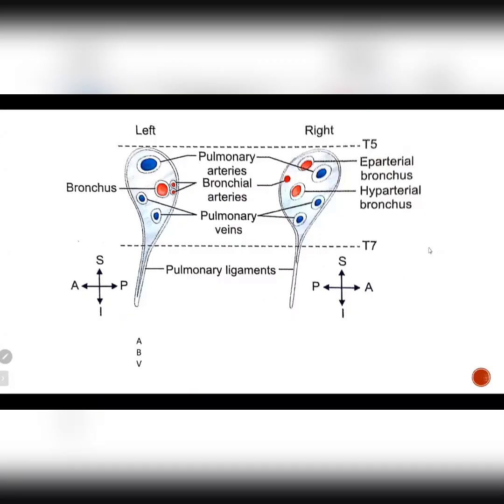It's given in your textbooks as well. First, we will learn about the left lung. Do you remember the left lung has how many fissures and how many lobes? You can type it in the chat. How many fissures and how many lobes are present in the left lung?